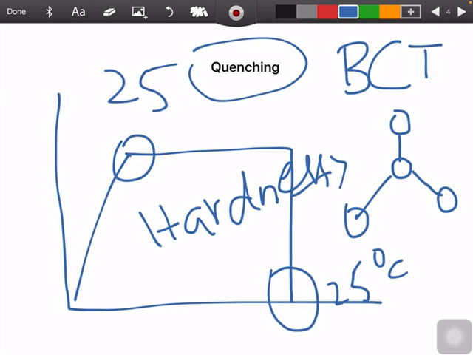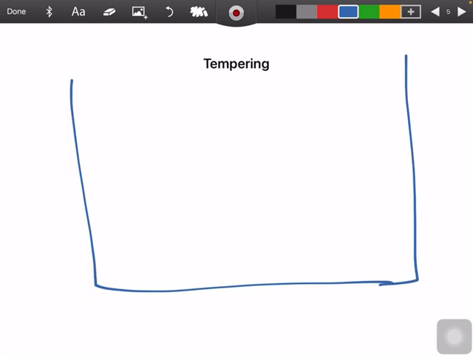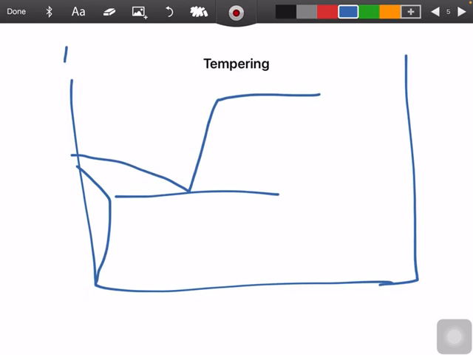Okay, what we do in tempering, actually we need to discuss an iron carbon diagram. Let me draw an iron carbon diagram. This is the iron carbon diagram in front of you.